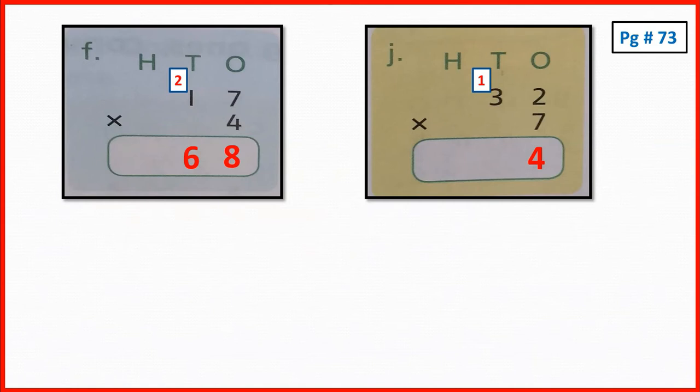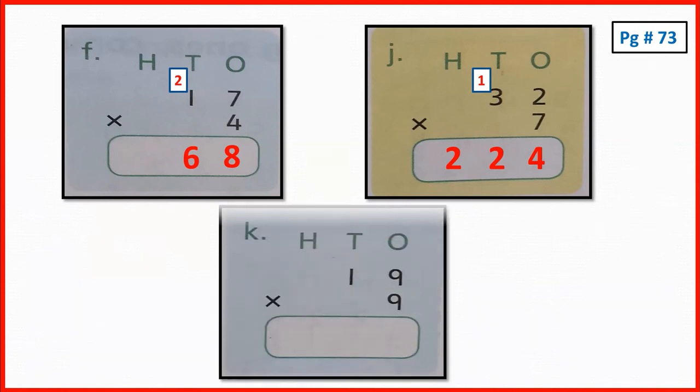Now add 1 ten into 21. 21 tens and 1 ten equal 22 tens. 22 tens means 2 hundreds, 2 tens. So write 2 tens in the tens column and write 2 hundreds in the hundreds column. So the answer is 224.